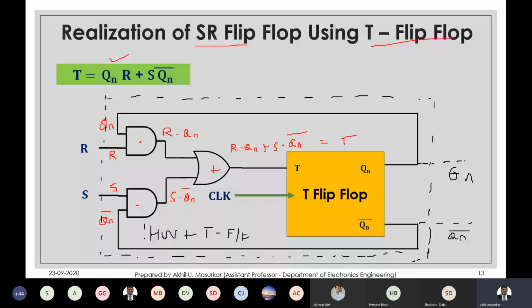So that is what we mean by implementation of SR using T flip flop. So what you are actually doing during realization is you are designing the hardware.